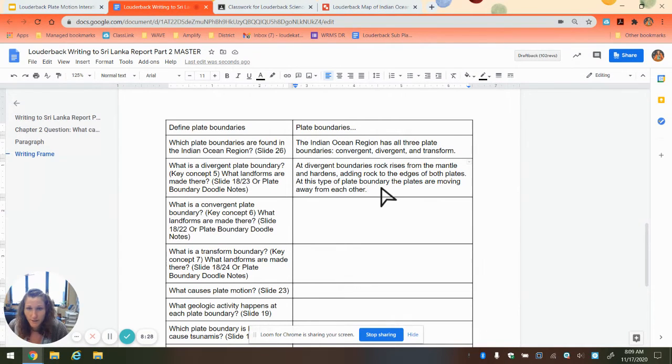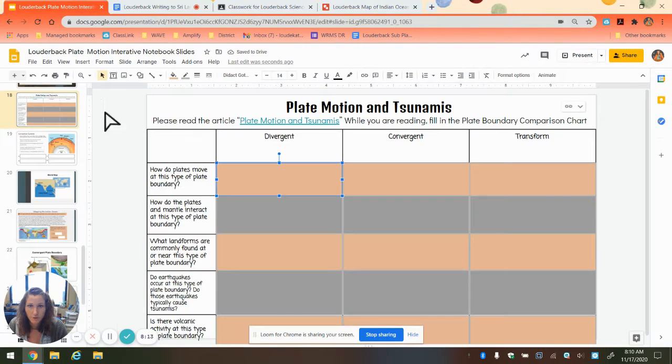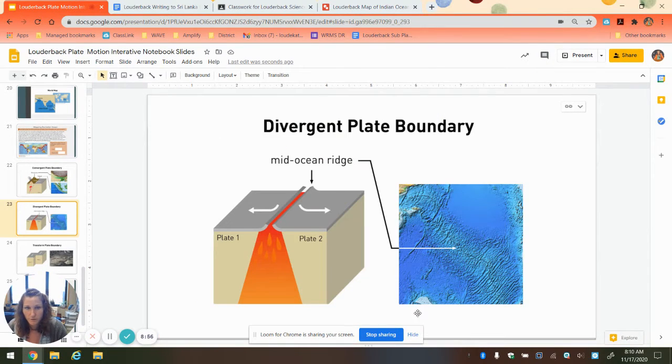Then I want to add another sentence in this little box here that's going to talk about the landforms, okay? So landforms often found near a divergent boundary include a... And then I can go back to this slide 18, but if you also remember, I suggested slide 23.